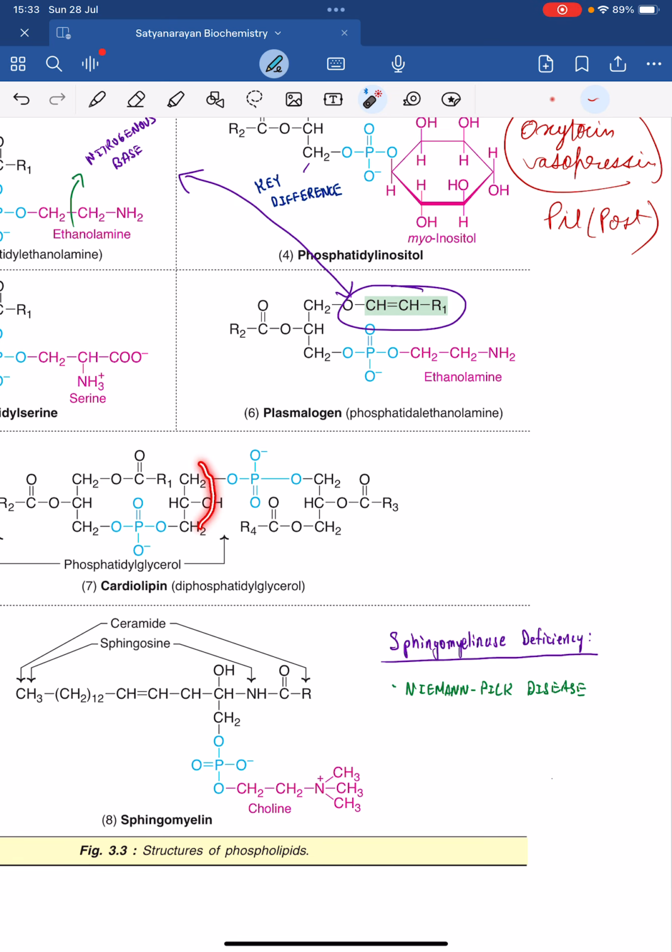This is the primary glycerol, this is the additional glycerol. This additional glycerol has phosphate attached on its C1 and C3.